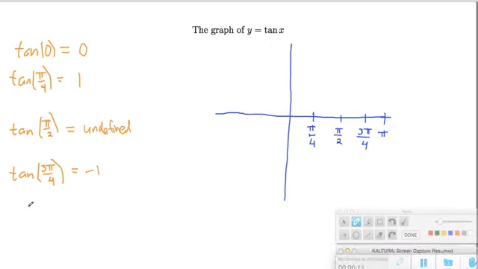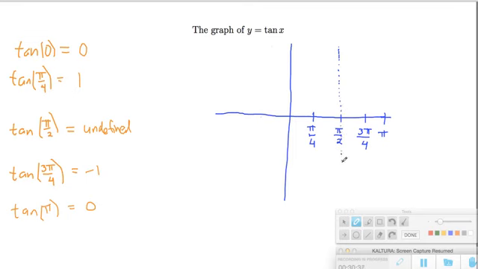If you wanted to look at pi as well, recall that tangent is always sine over cosine. The sine, if you're all the way over at the angle pi, is 0, and the cosine is -1. So tangent of pi is just going to be 0. Now we have several points to look at. Remember that pi over 2 is undefined, so there is going to be a vertical asymptote there.